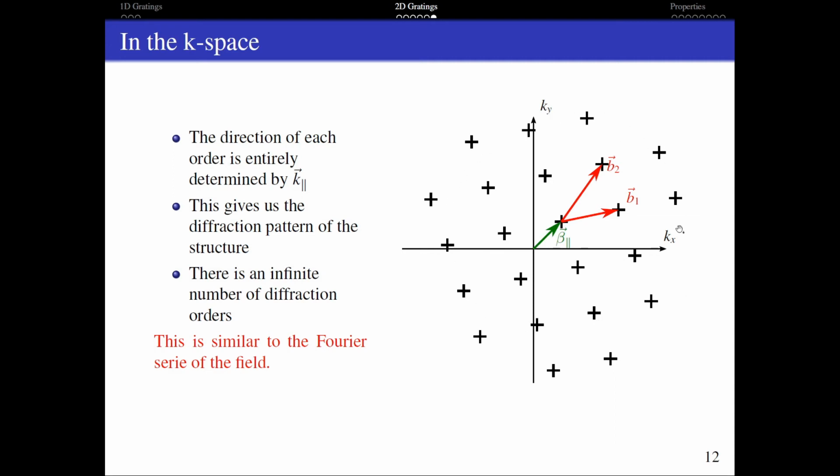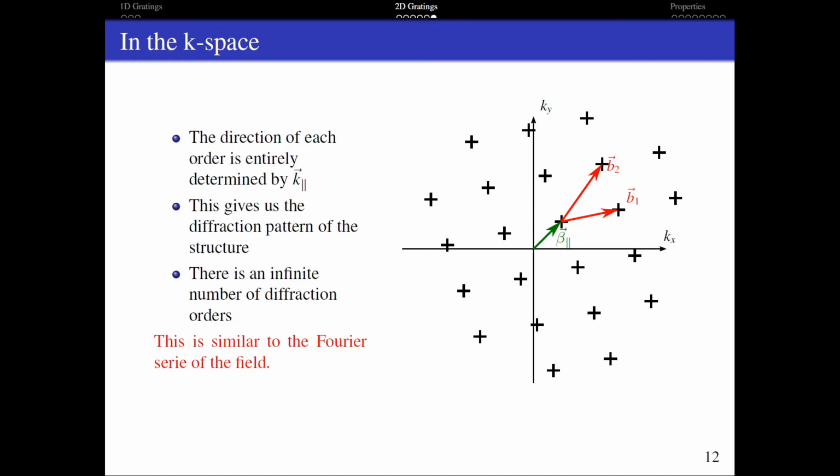Usually, when you do some diffraction with a laser of a grating, you are going to see this appear because, well, you just image the reciprocal space, and you are going to see the diffraction orders. And when you plot them in the reciprocal space, this is exactly this.